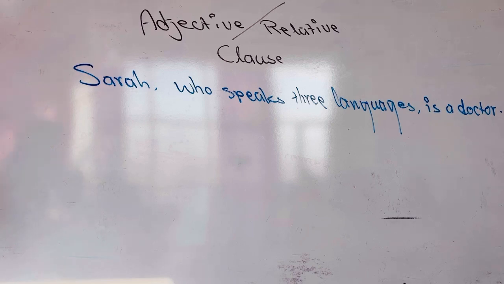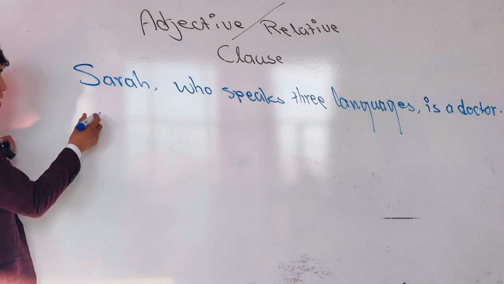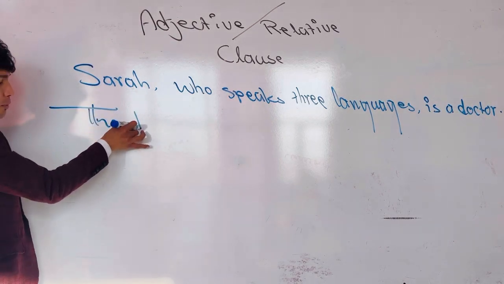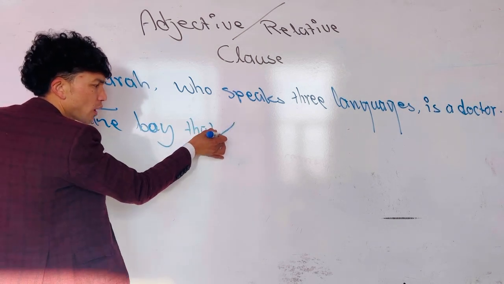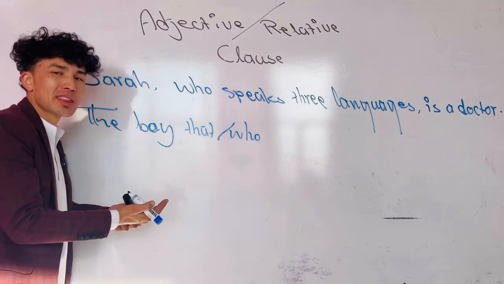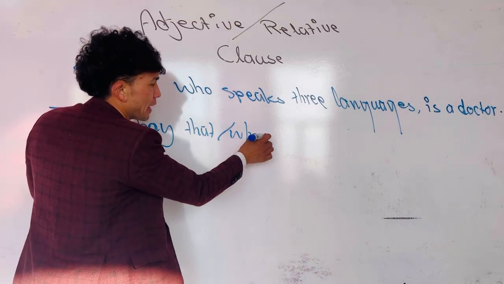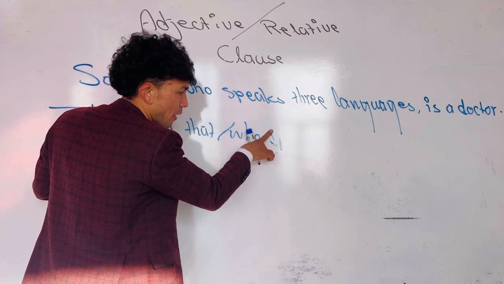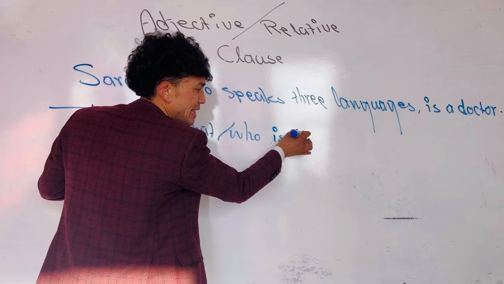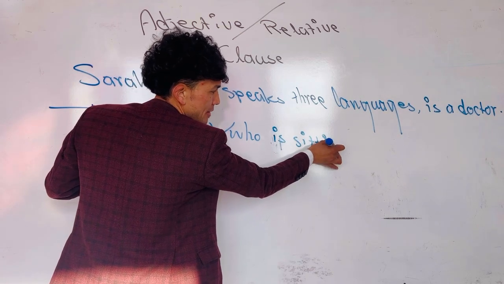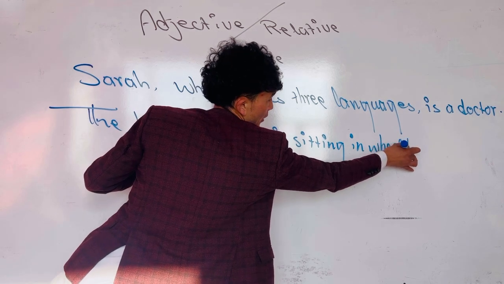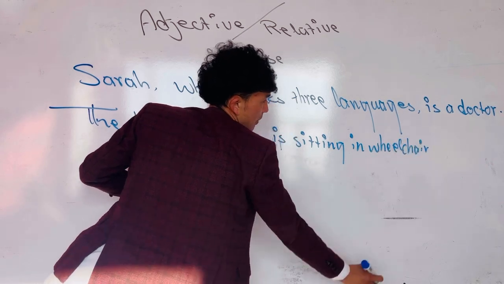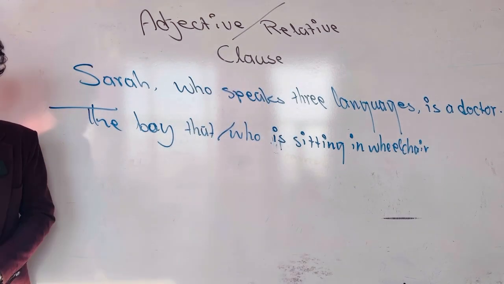Okay, next example might be this way. For example, the boy that or who is sitting in a wheelchair. See? Until here, nobody knows which boy I'm talking about.